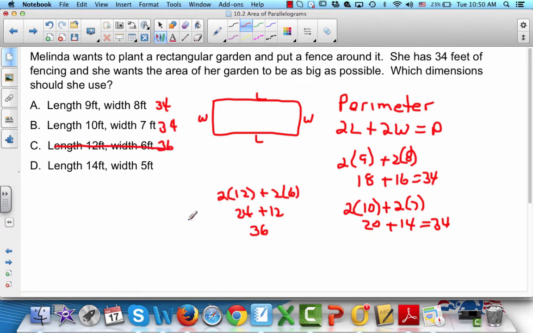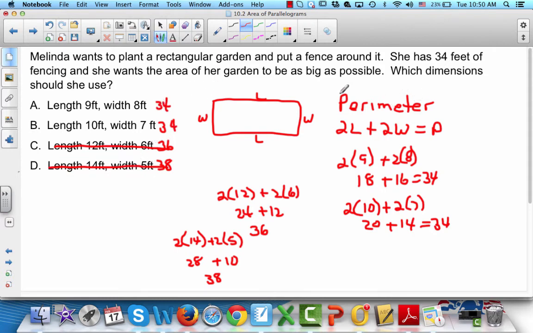Okay? Then we've got 2 times 14 plus 2 times 5. That gives us 28 plus 10 is 38. And remember, once again, she only has 34 feet, so she can't do this one either. So she's going to do either this one or this one.